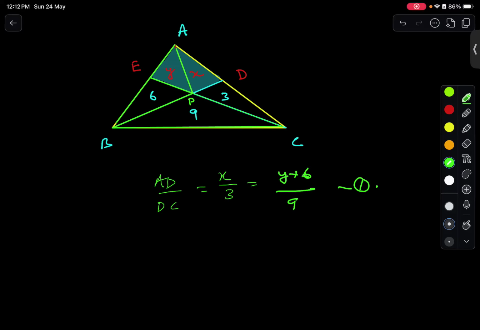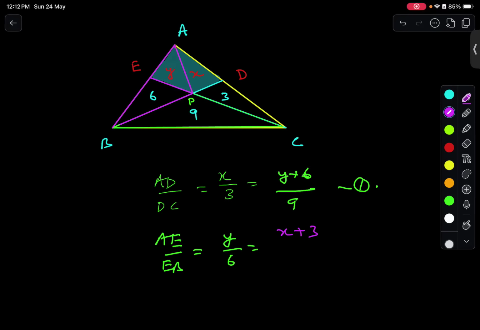फर्स्ट तो ये मैंने यहां से निकाल लिया, and second I have to go with AE upon EB. AE upon EB is nothing but y/6. Okay, and this is again y/6 और x + 3/9। वेरी गुड बेटा, ये मैंने ये ट्रायंगल के लिए लिया। ओके, सो कैन यू सी कि ये वाले ट्रायंगल को, अगर मैं इंक्लूड नहीं कर रहा, तो ऊपर में जो मेरे पास गिवन है, जो बच गया, दैट्स x + 3 upon 9.